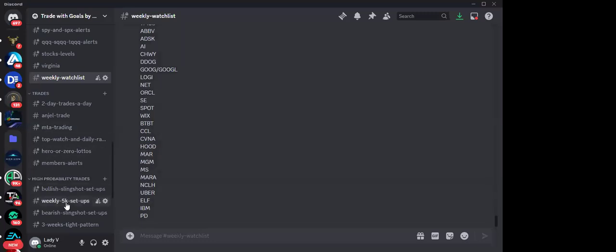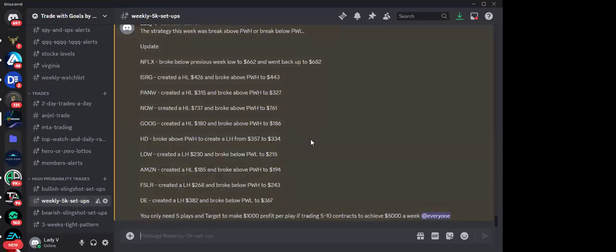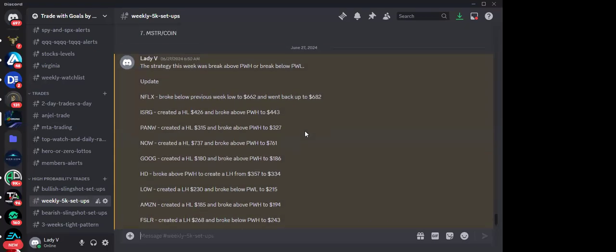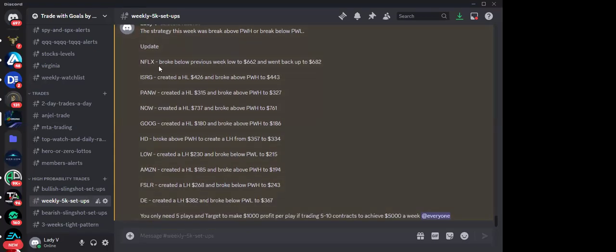If you look at this 5K play from last week, and I even gave an update, the strategy was the stock needs to break above the previous week high or the previous week low. If it's rejecting the previous week low, you're riding it up to the previous week high and then give us a new high. Or if it's rejecting the previous week high, you're riding it down to the previous week low.